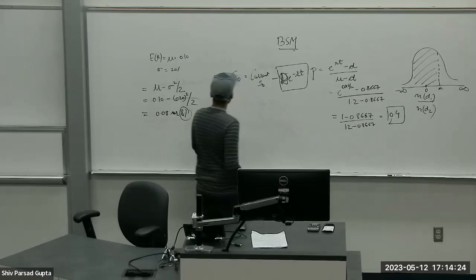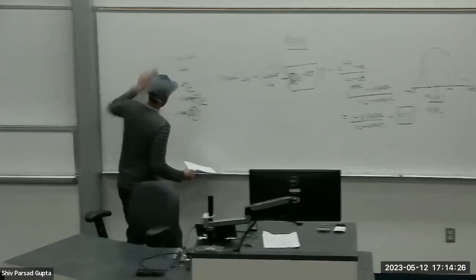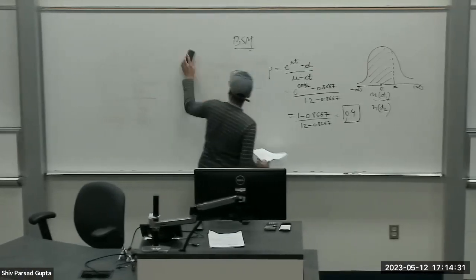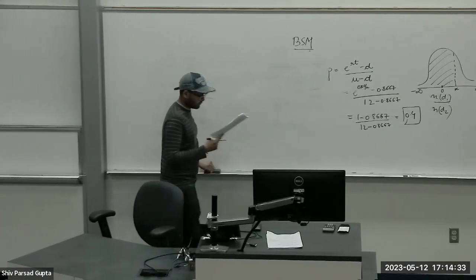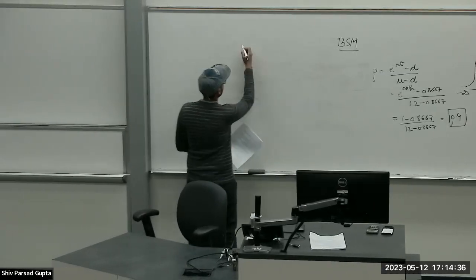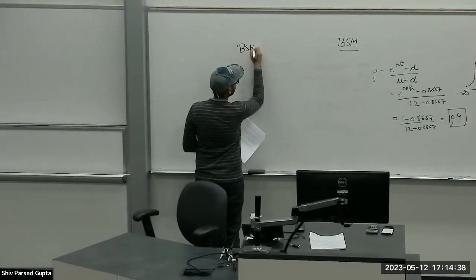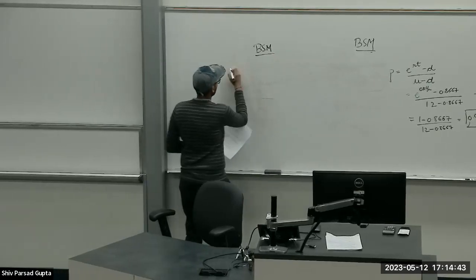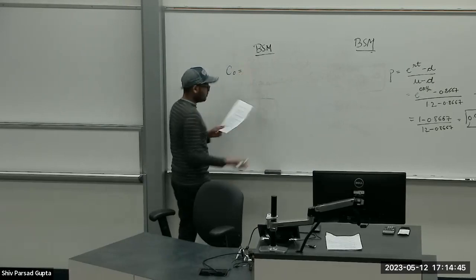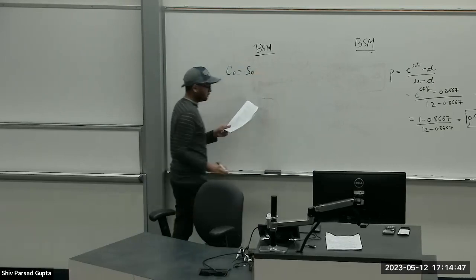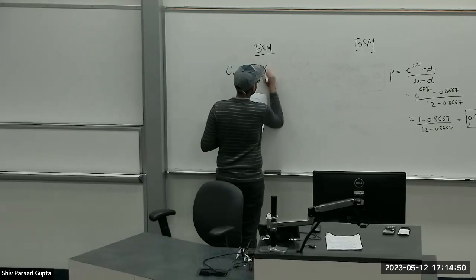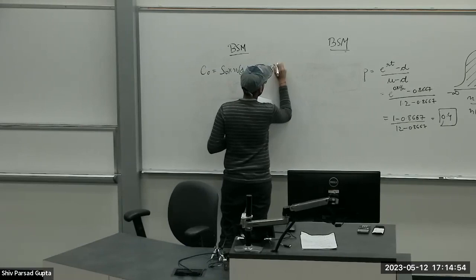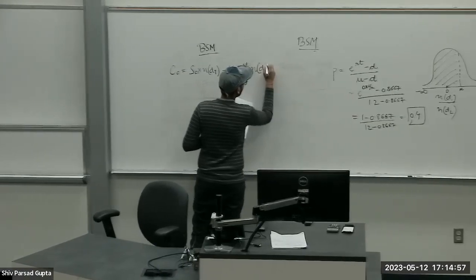We know that as per the Black-Scholes model, we have to calculate the value of the call option. So C naught is equal to S naught times N(d1) minus K e to the power minus RT times N(d2), right?